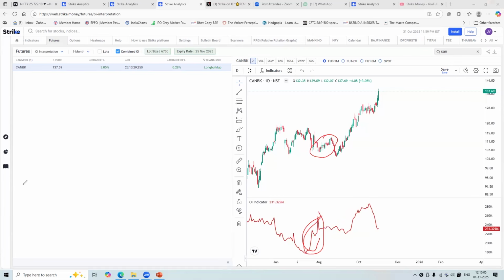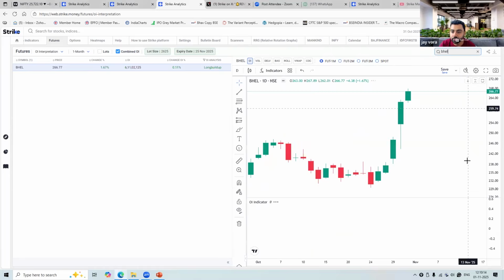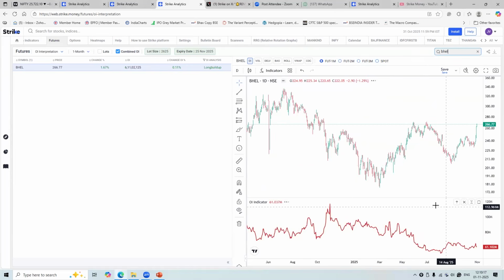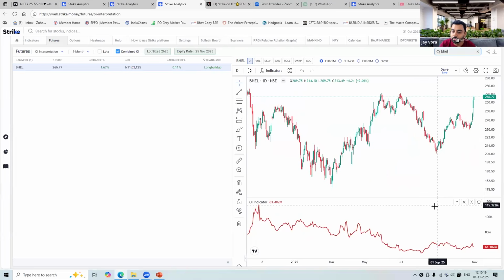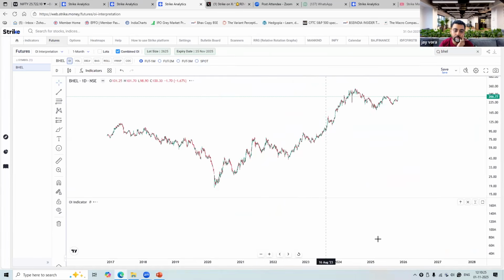Right. Can you also take the example of BHEL and Hindalco, if you don't mind? I'll try to take one because I need to address more queries as well. I understand. So over here in BHEL, let me just see. Now see over here, what do I observe?